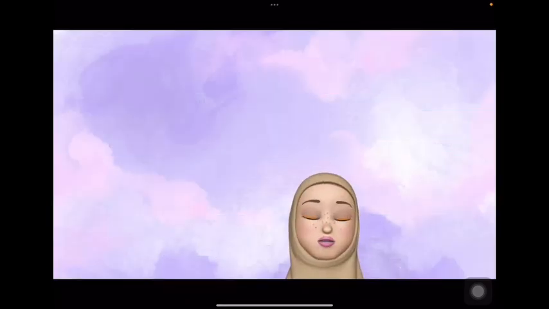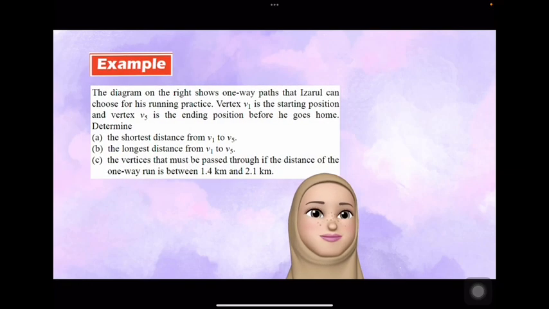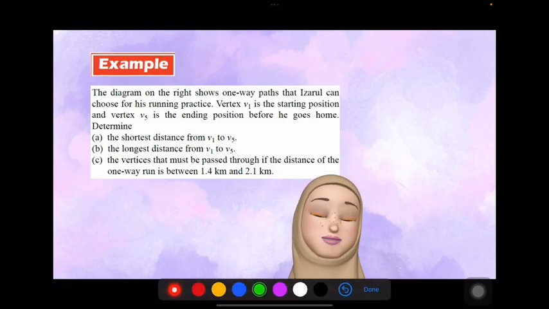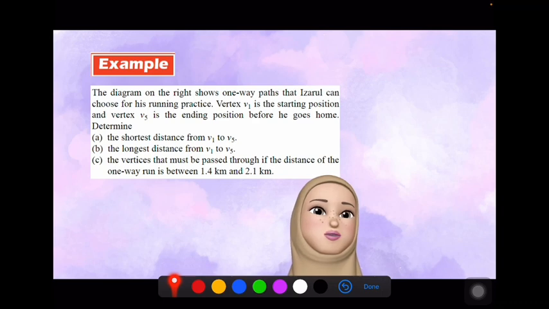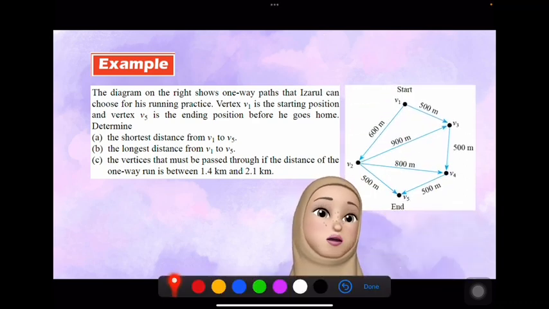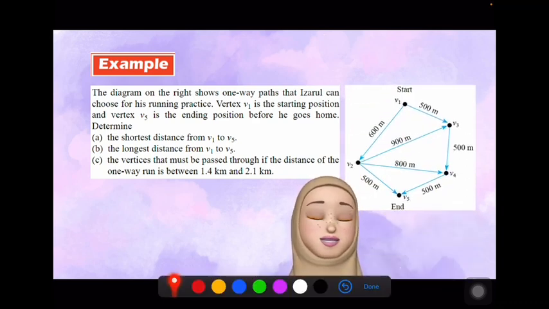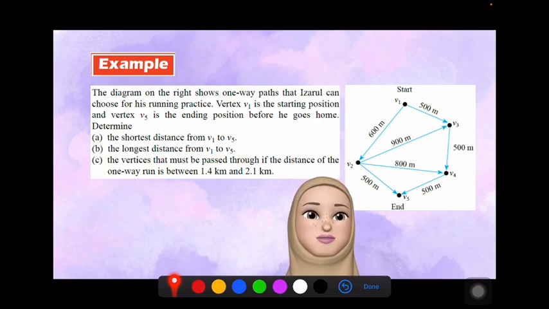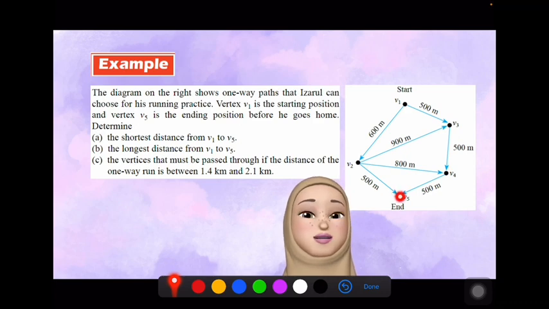Okay, let's take a look at the example. We have a diagram on the right that shows one-way paths that Izarul can choose for his running practice. Vertex V1 is the starting position, and vertex V5 is the ending position as labeled in the diagram before he goes home.